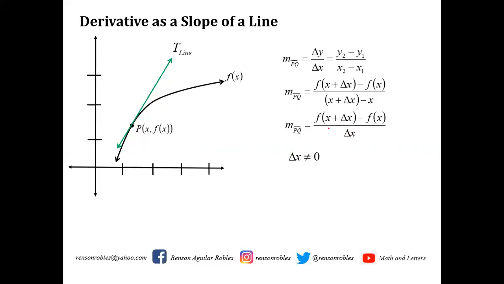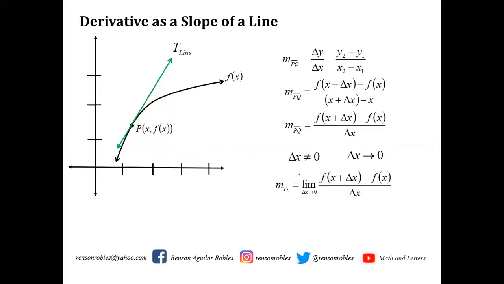So what we shall now think of is that your delta x will just be nearly approaching 0 as it gets smaller and smaller when point Q moves towards point P. So your delta x approaches 0. And we can now draw the slope of this tangent line as the limit of f of x plus delta x minus f of x all over delta x as delta x approaches 0.